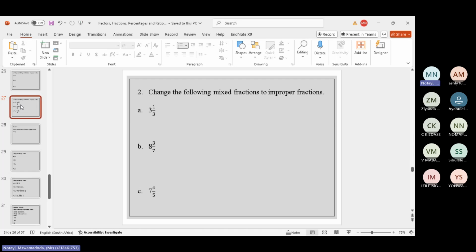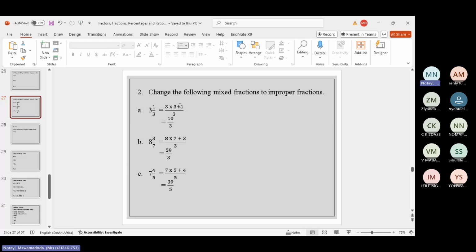Okay, for number 1, that is A, 3 and 1 over 3. So the rule says the whole number multiplied by the denominator, and then you add that to the numerator, and then you keep the same denominator.